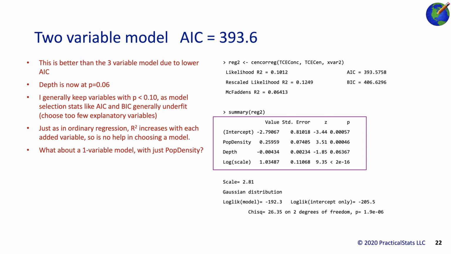I generally, with AIC type fits, would pick anything that's less than 0.1. These things by simulations have been shown that they generally underfit. They generally don't bring in some variables that they should. So they're a bit too strict. And so if you get something pretty close like this, at 0.06, you ought to leave it in the model.